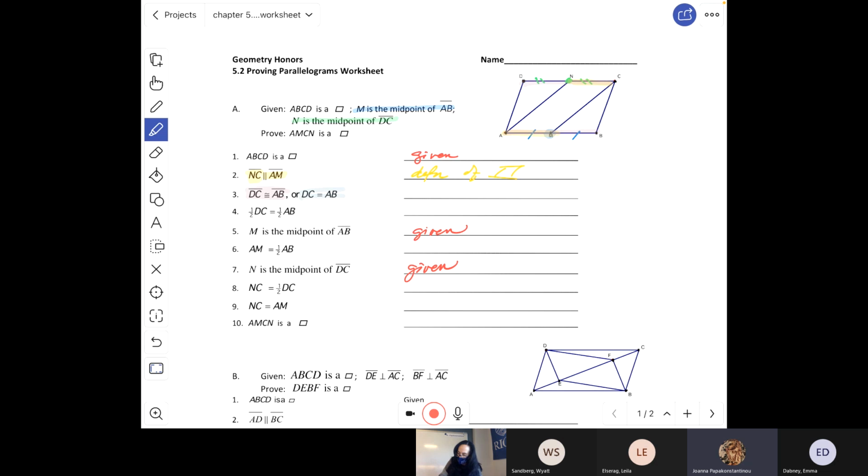DC is equal to AB. How do I know that? Yes, opposite sides are congruent. Excellent. Now, this is a blast from the past. How do I know that half of DC equals half of AB?